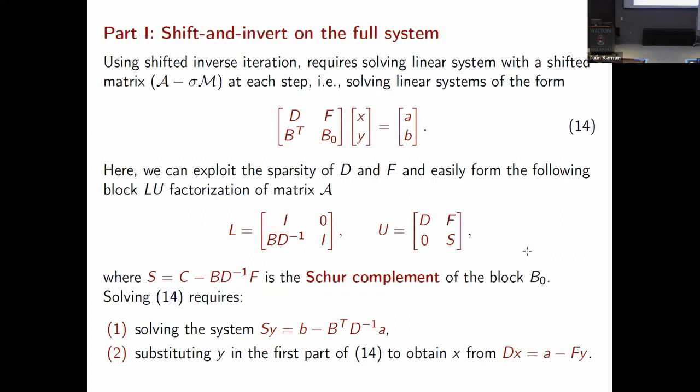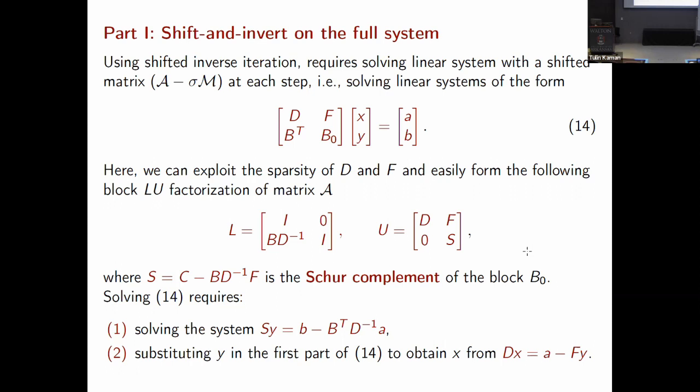It turns out that the whole linearization has this nice form: diagonal, those two off-diagonal blocks, and the last block B0. In order to solve the generalized eigenvalue problem, we have to be able to solve linear systems of this form. But we know how to solve this kind of linear systems in practice.